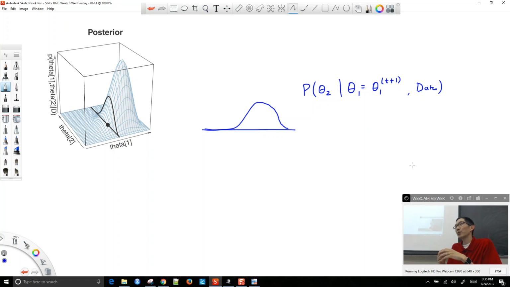Perhaps variable 1, easy form, we randomly sample and accept it. Parameter 2, crazy form, so we set up the conditional distribution. Maybe it has a difficult form, and so perhaps we have to resort to acceptance rejection sampling, or some other method to sample from this weird form. But basically, the idea is we draw from the conditional distribution, we accept it, and then we move on to the next one.